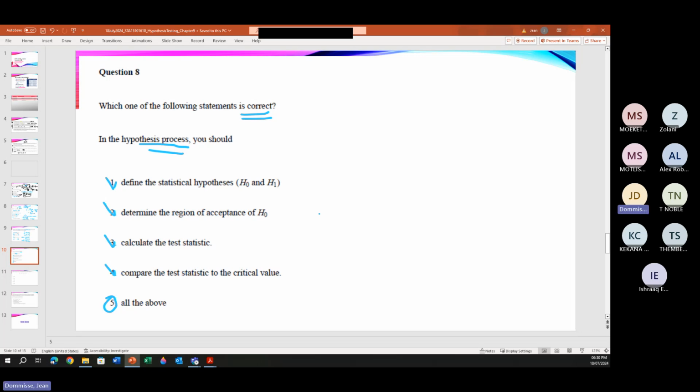When you go to your study guide and your textbook or going online, you might also see that they love to use, instead of H1 as your alternative, they might also sometimes call it HA. Let's just write it bigger. HA, because they say alternative hypothesis.